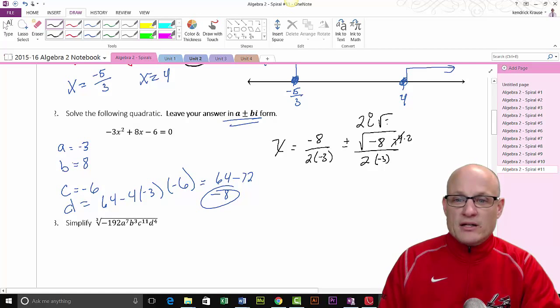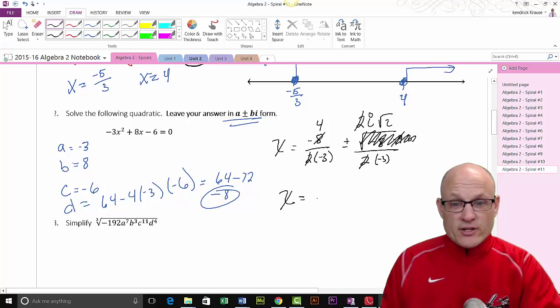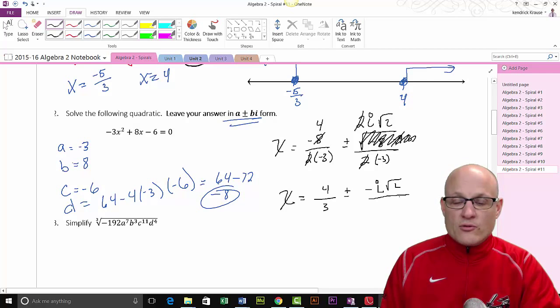So this becomes 2i square root of 2. These 2's cancel. This 2 goes in here 4 times. So what I end up with is x equals negative, well, that's a negative over a negative, so that's just positive 4 over 3 plus or minus negative i square root of 2 over 3.